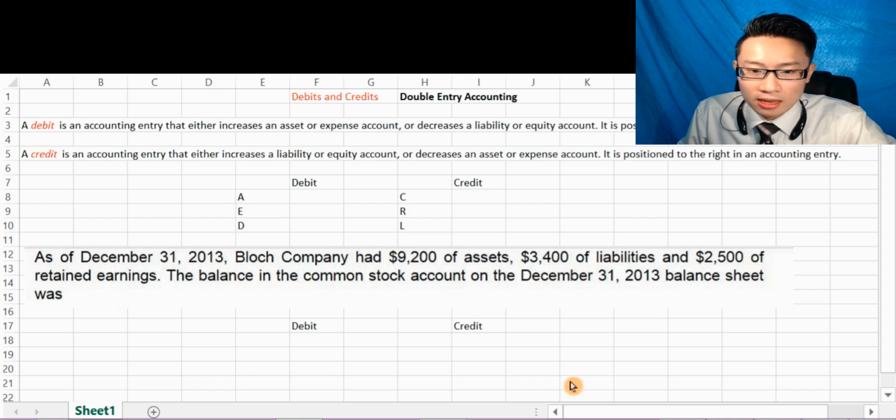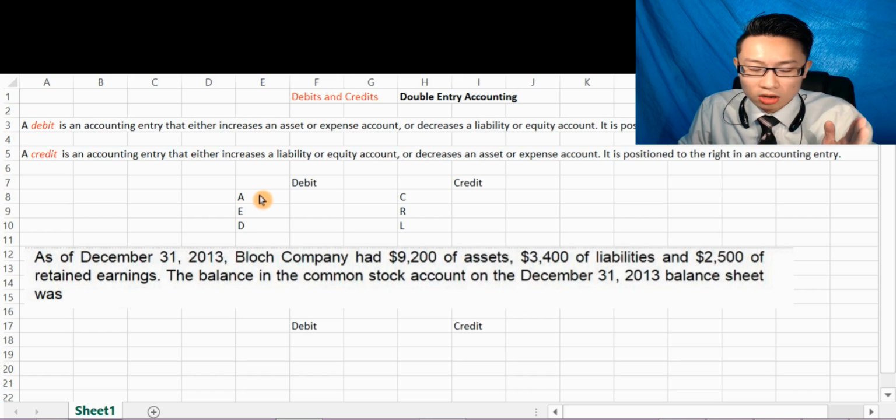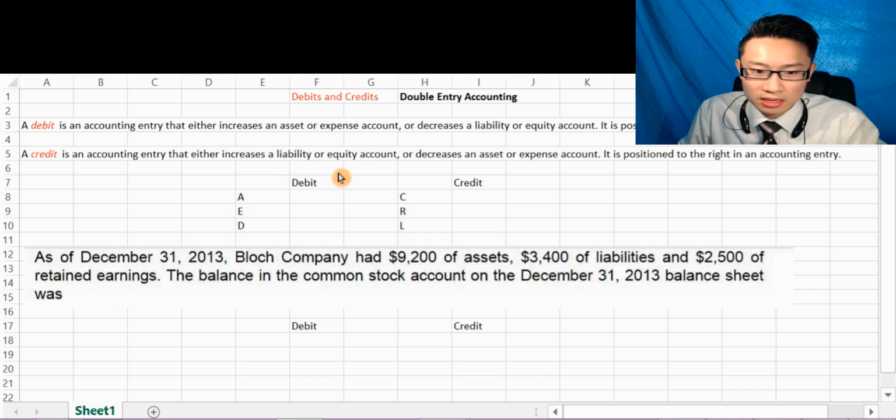So for my accounting classes, I memorize the specific categories. I always think AED on my right, and I know that that's my debit. And then I always remember CRL, which is credit.